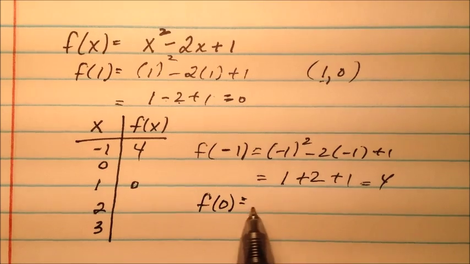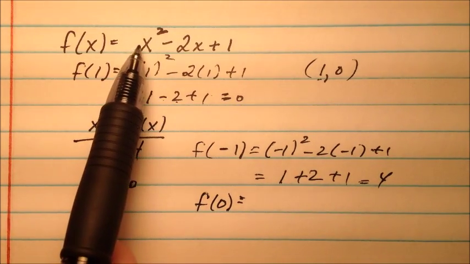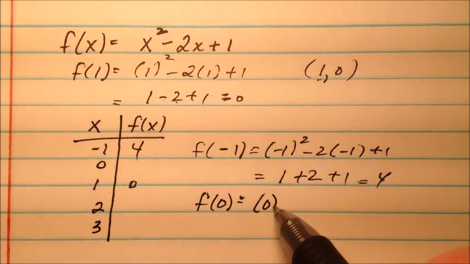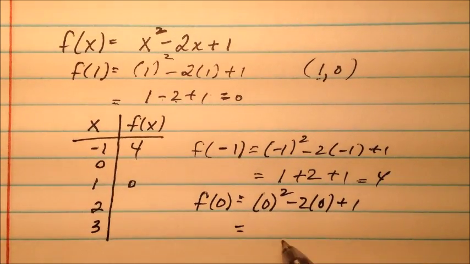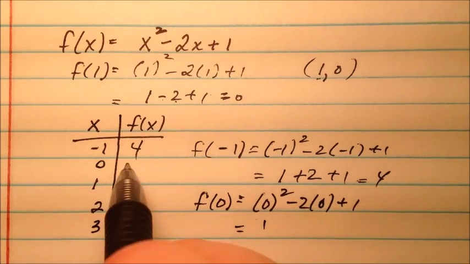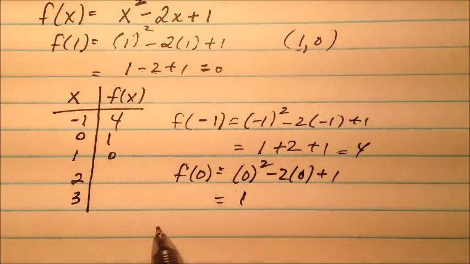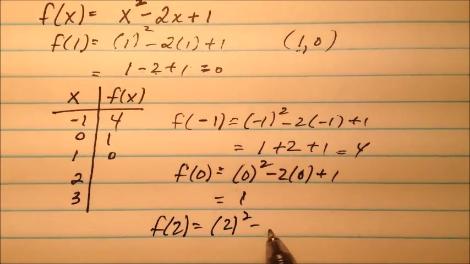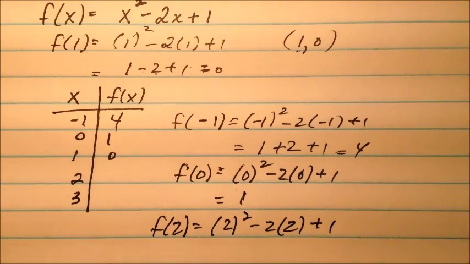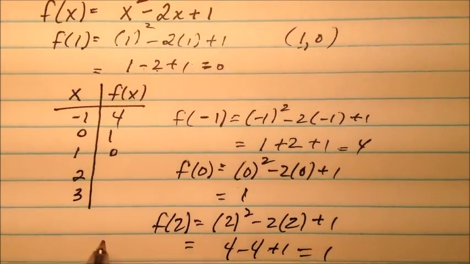f of 0, zeros are always nice because anything with a variable is just going to go away. So 0 squared makes 0, minus 2 times 0 gives you 0. So it ends up just being 1. So we can put a 1 right there. Also, we could find f of 2, and it's going to be 2 squared minus 2 times 2 plus 1. So 4 minus 4 plus 1 is just going to be 1 again.